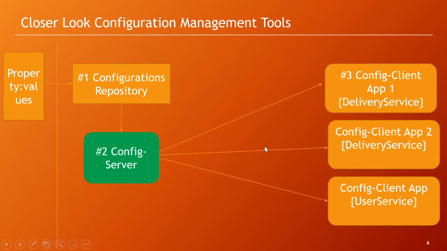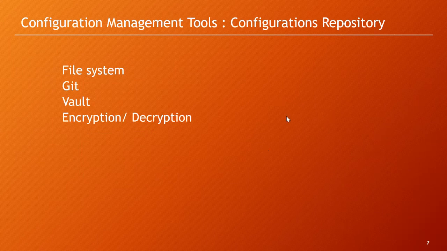So let's go to the next thing. As I told, these are the key components of a configuration server. First, the configuration repository, like the file system, Git, Vault, encryption, decryption. These are some examples of repositories. You can use a normal file system for maintaining all the properties, or you can use Git.